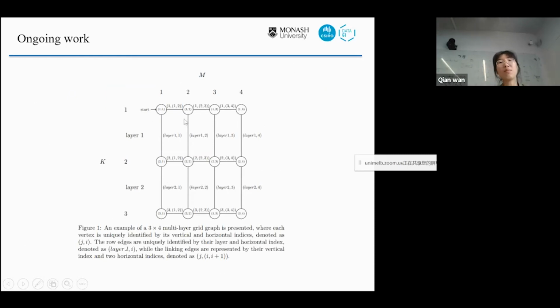And for this problem, we are working to generate the path pattern for this grid graph. Later, we will apply the pattern to solve some irregular cases. We cannot be sure that it really works for the irregular case, but we hope to give some inspiration, or we can get some attributes from the regular case to the irregular case.